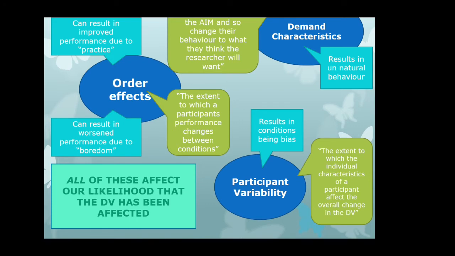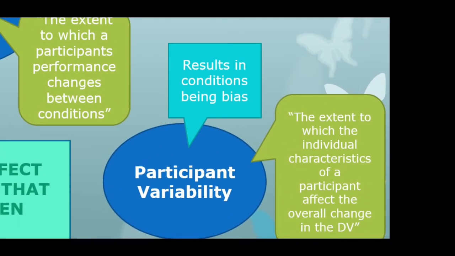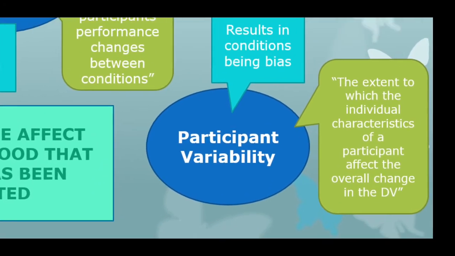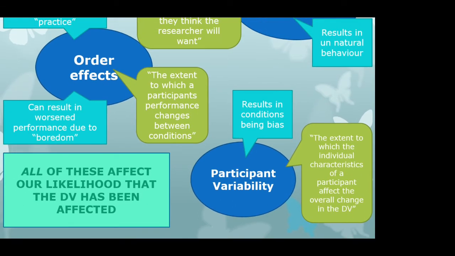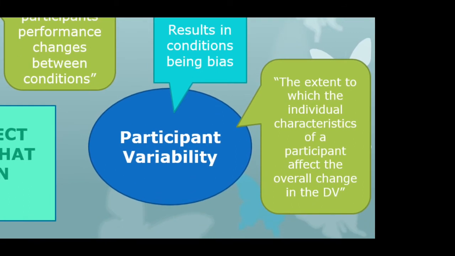This means that the DV is likely to have been affected by individual characteristics of the participants rather than the independent variable. Okay, so to repeat that, this means that the dependent variable is likely to have been affected by individual characteristics of the participant rather than the IV.